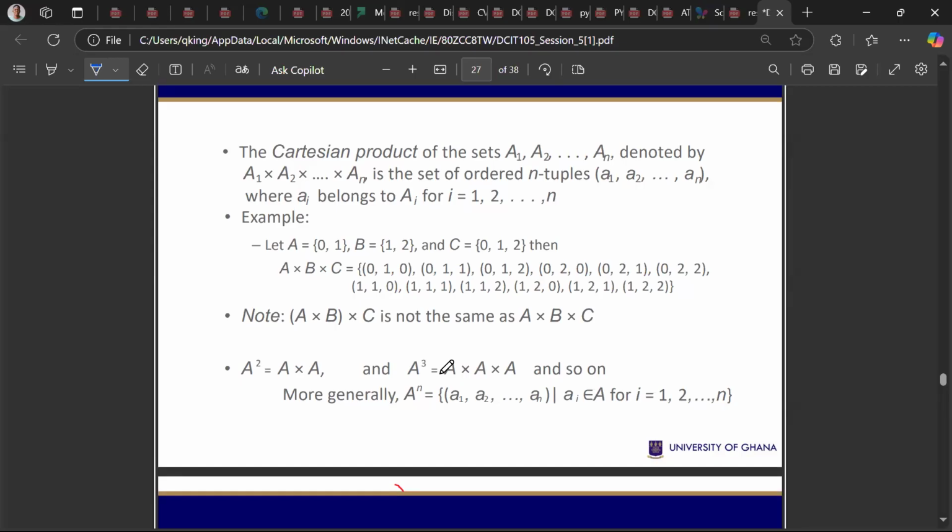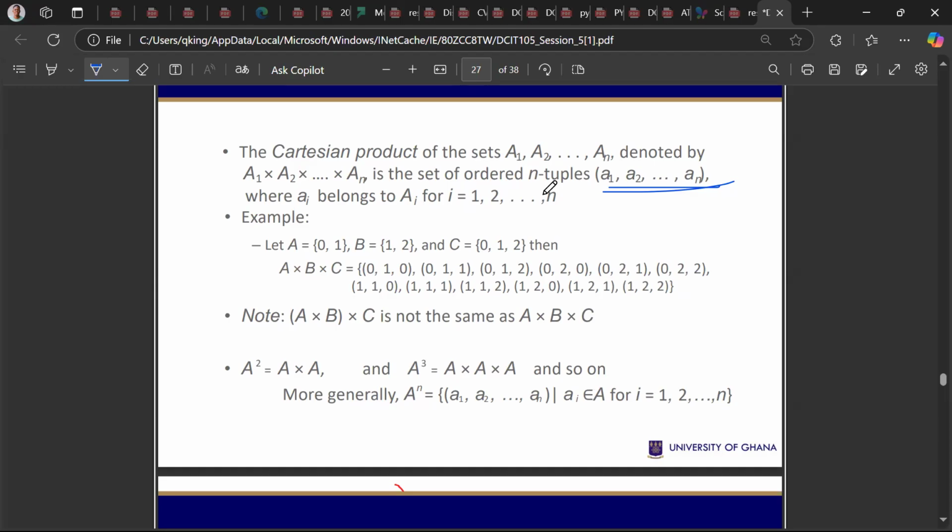And so looking at this, the Cartesian product of the sets A1, A2, down to An, denoted by A1 × A2 × ... × An, is a set of ordered n-tuples, where each element Ai belongs to the set Ai, for i equal to 1, 2, down to n.